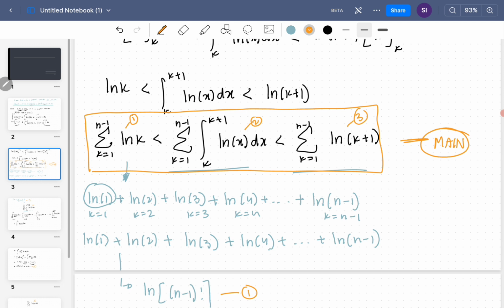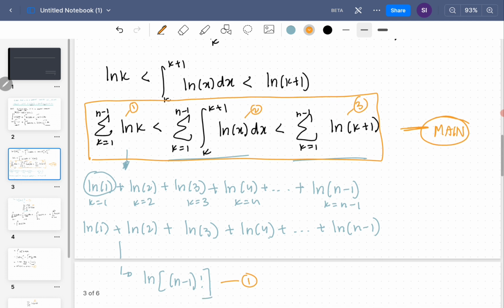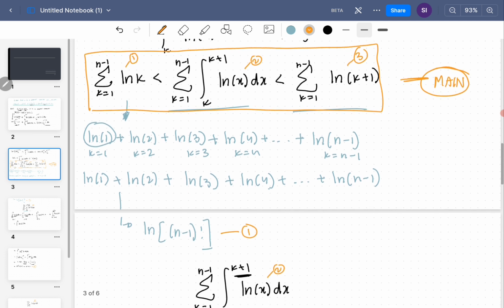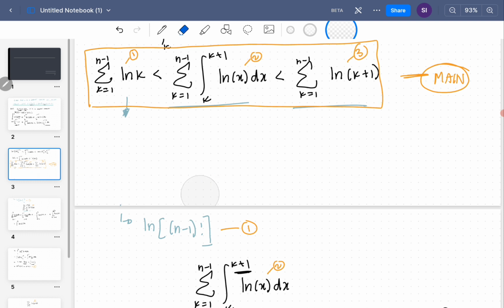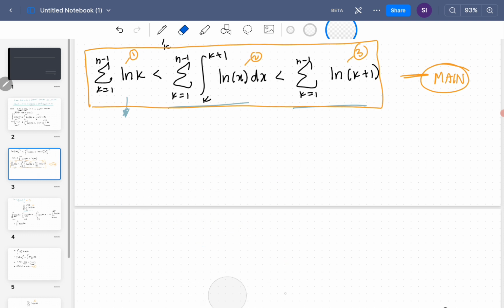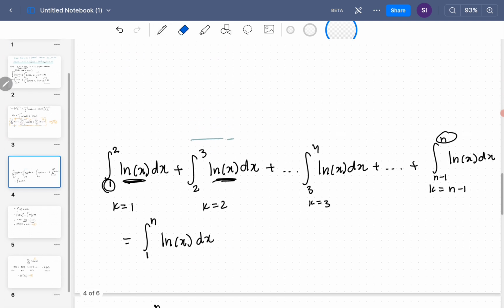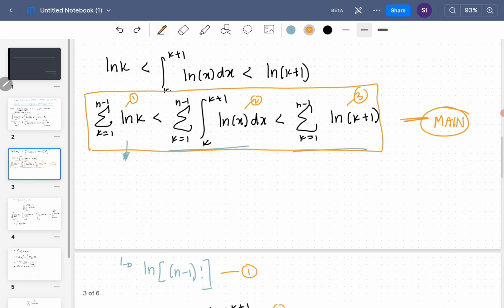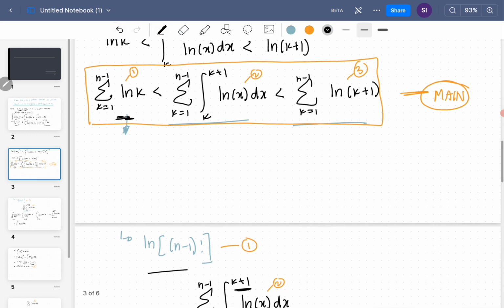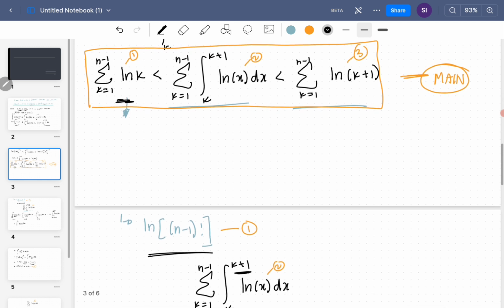Now let's just replace them. So let's replace, actually let me erase all of this. We know that this over here is equal to this, so I'm just going to write that.